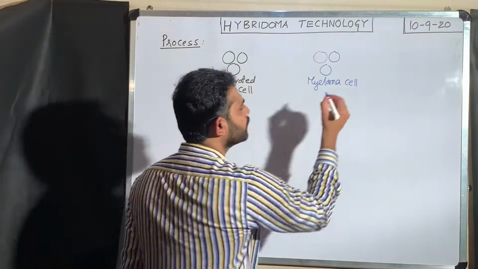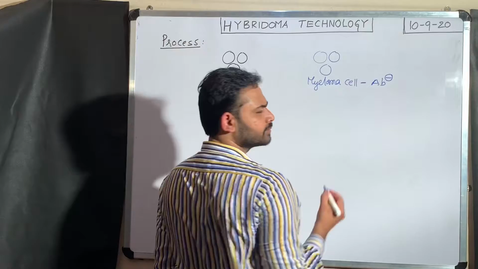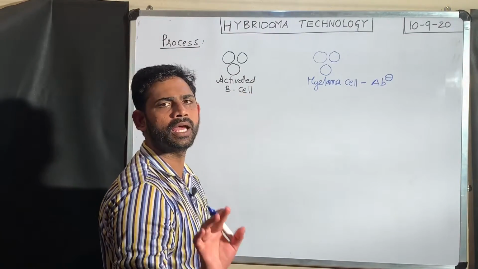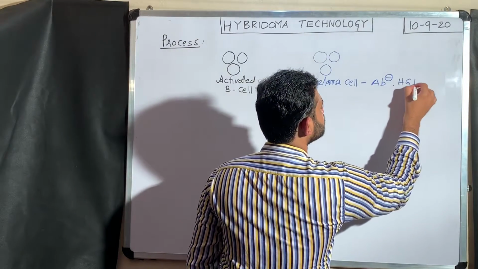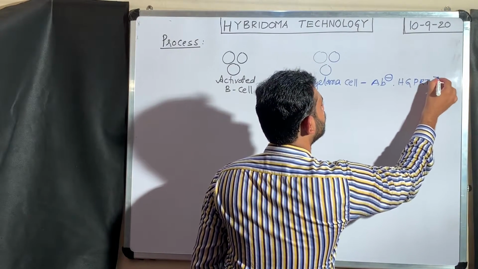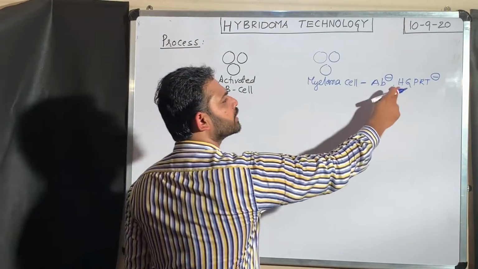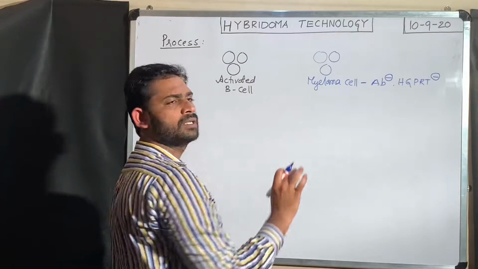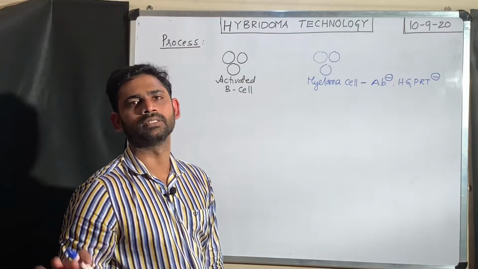What do I mean? These myeloma cells are AB minus. That means this myeloma cell cannot produce antibodies, and HGPRT minus. My meaning is that in these myeloma cells, HGPRT is not produced. That means this myeloma cell cannot proceed with the salvage pathway of nucleotide synthesis.